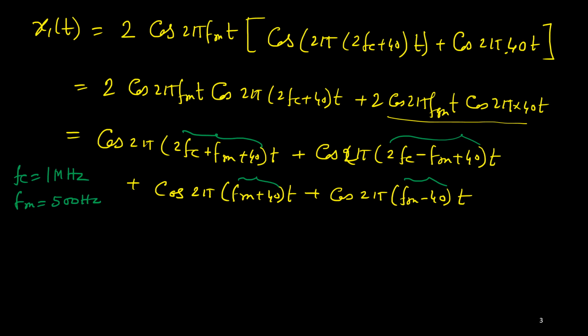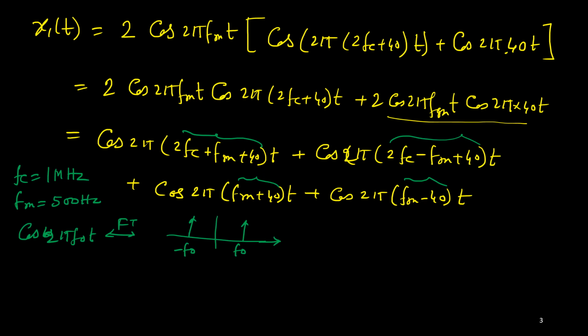You know that for a single frequency, cos omega naught t, which is cos 2 pi f naught t, its Fourier transform will have two components, one here and the other here, at f naught and minus f naught in linear frequency.